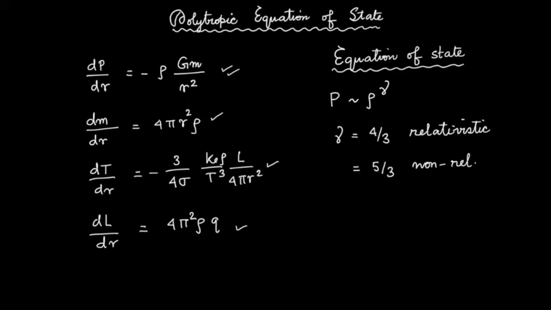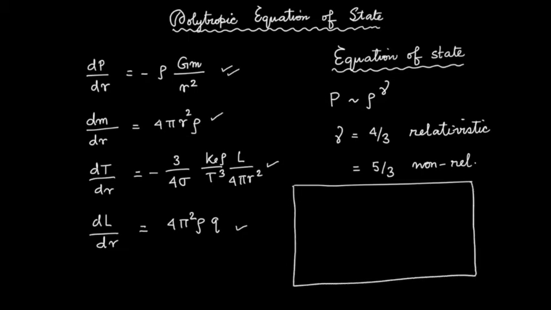So I can just solve the first two equations separately. I don't need to involve all the other equations. So in such cases, one can actually have an analytical solution of this system of equations, particularly how the density depends on the radius, the pressure depends on the radius, etc. And that is what we are going to do today.